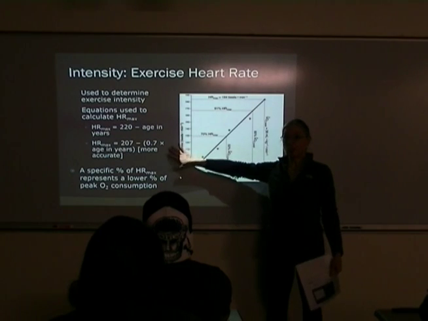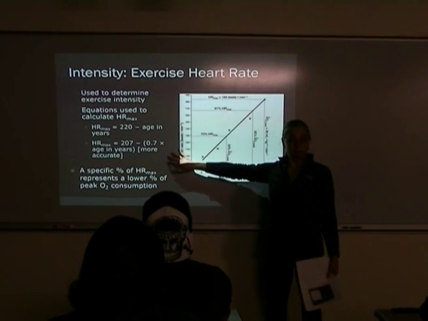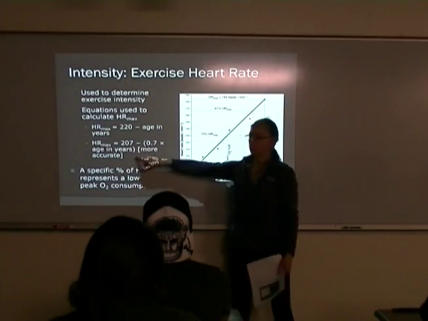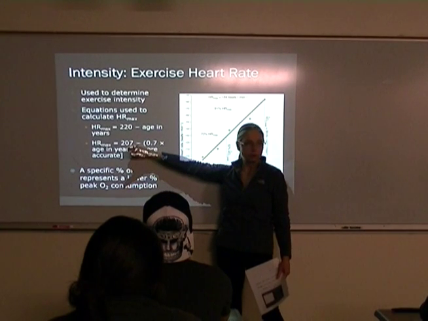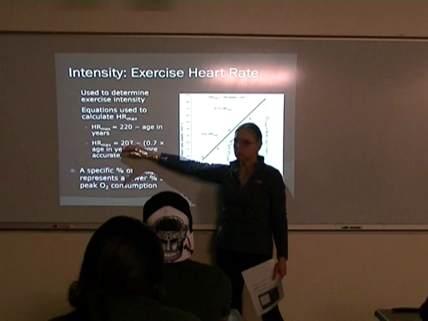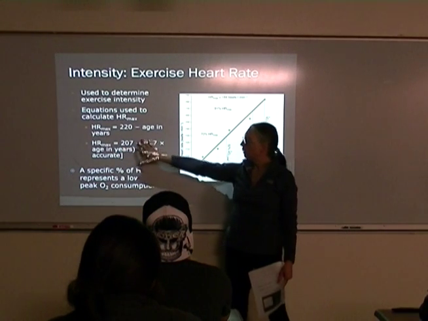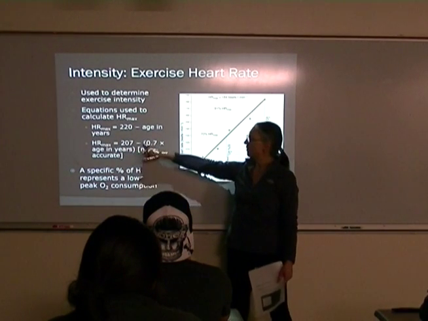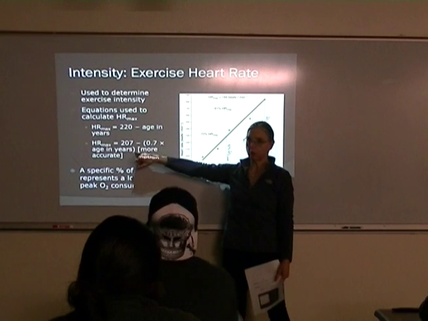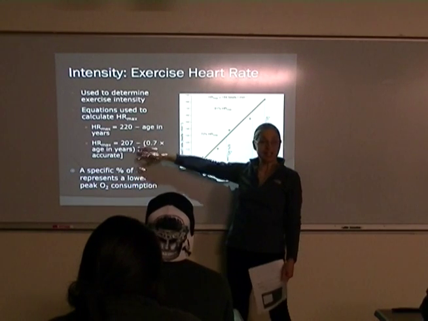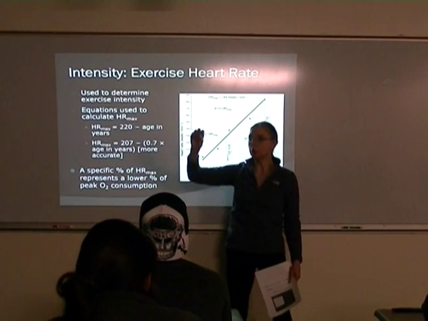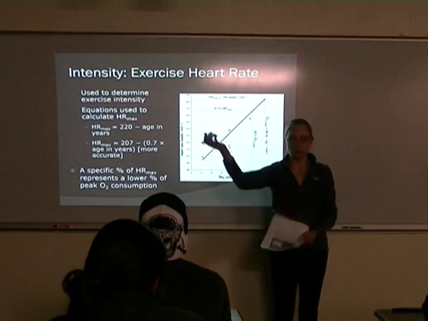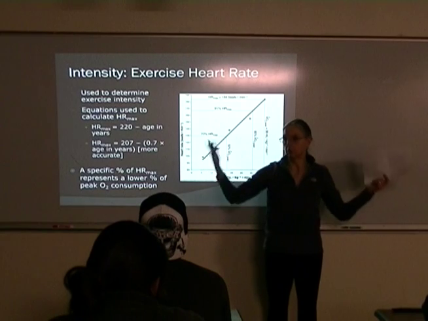More recently though, we've got some newer ones, and there are several different versions of this. If you look online, sometimes it's 208, sometimes I've seen one that's 206. This one, 207 minus 0.7 times your age, is still a guesstimate, right? The only way to get a true measure is to be on a machine tied up to the computer.